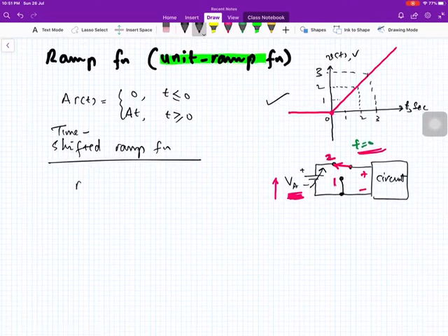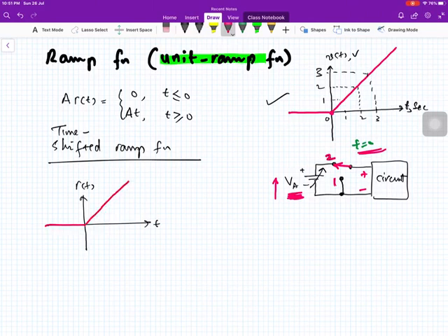So we have seen what r(t) is. r(t) is like this, t seconds. Instead of writing seconds again and again, we will assume that t is in seconds. So this is the unit ramp signal, and its value at 1 second is 1.